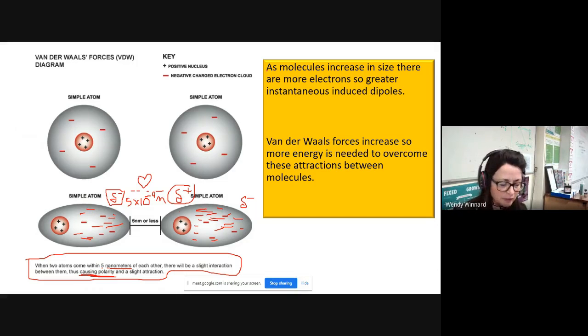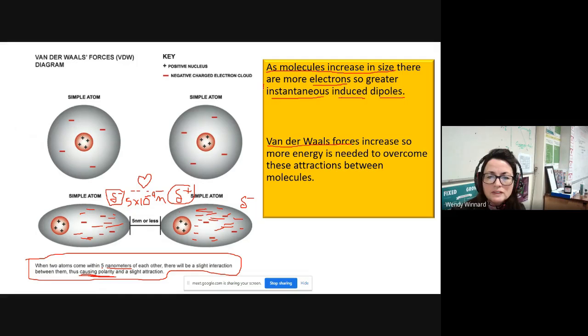So if you've got a pen and paper, I say this PowerPoint's staying up. But the important thing to notice, as molecules increase in size, there are more electrons, so greater instantaneous induced dipoles. And that is all molecules. So these are called van der Waals forces.